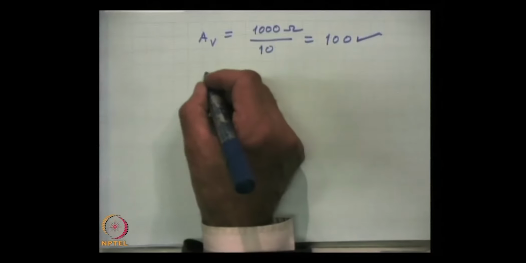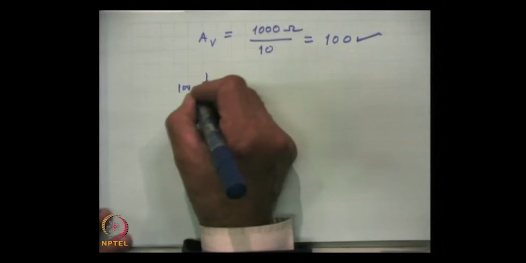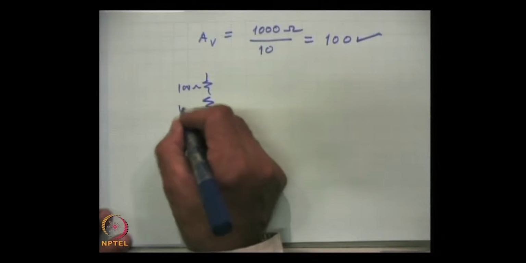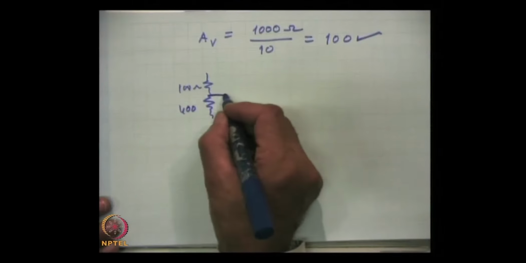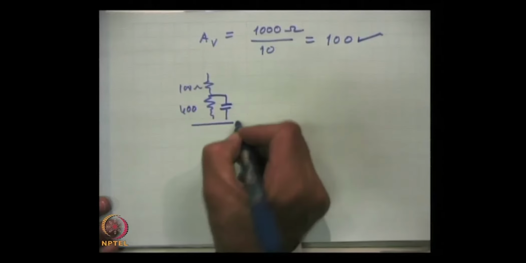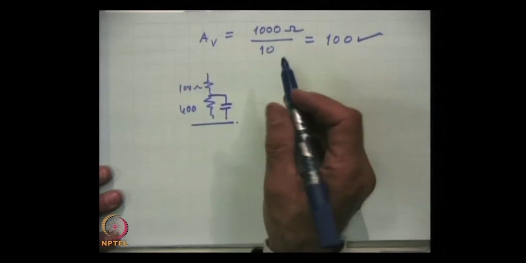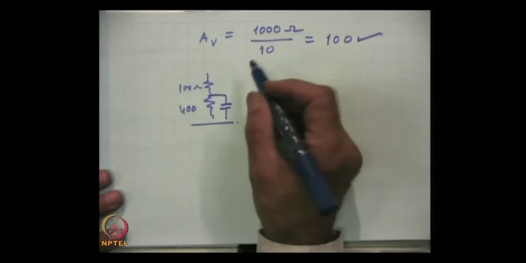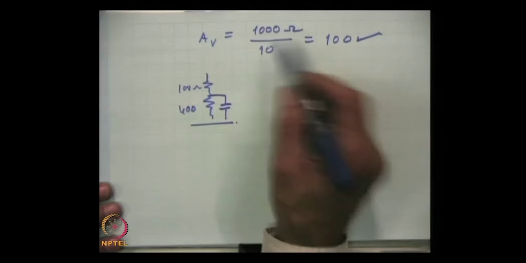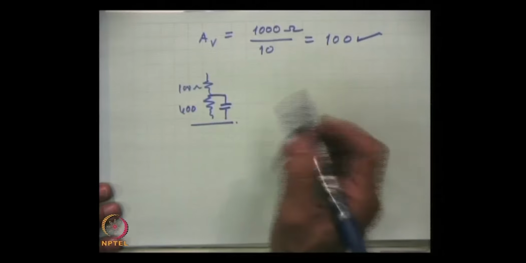So, if we use a 100 ohm resistance and a 400 ohm resistance, so still it is 500, but then this 400 is bypassed. So, the gain will be now much better than 2, and we can calculate that.